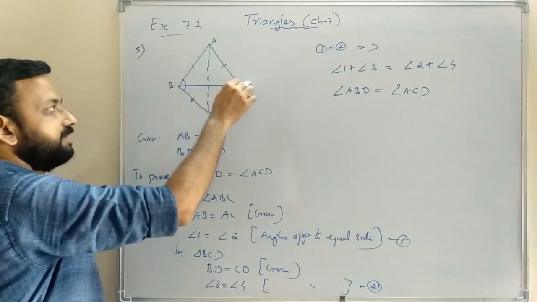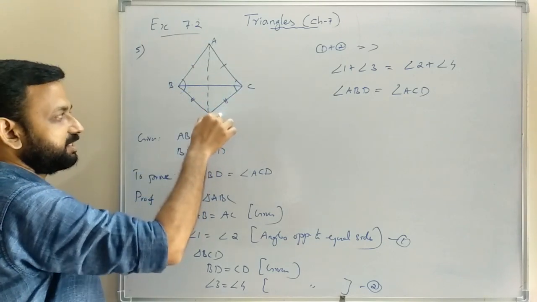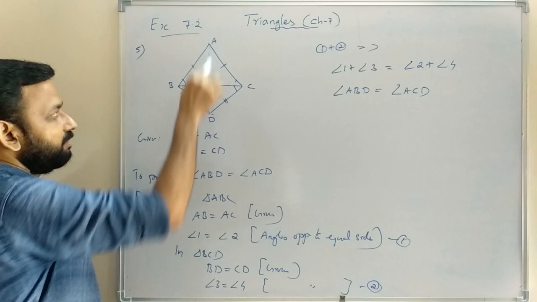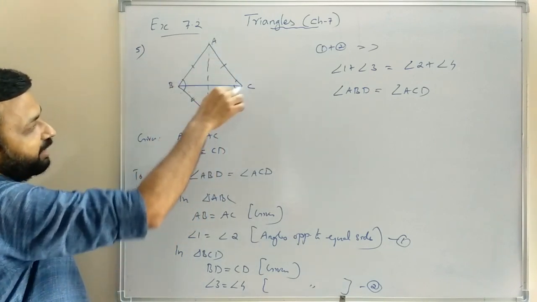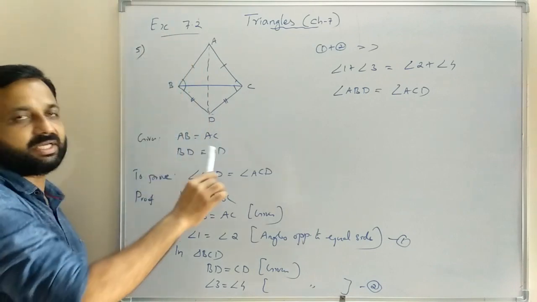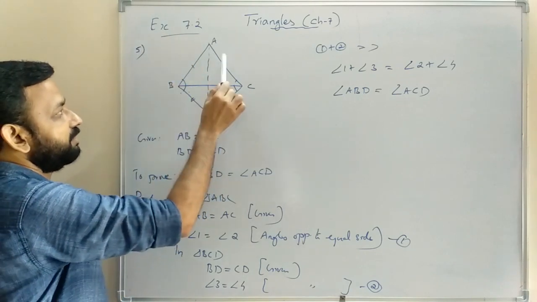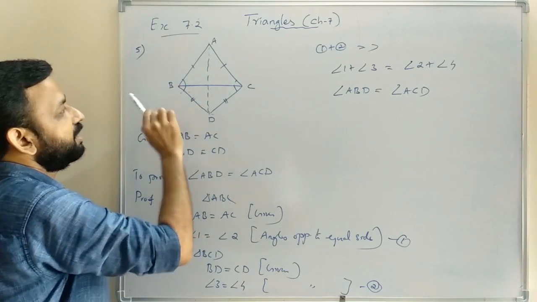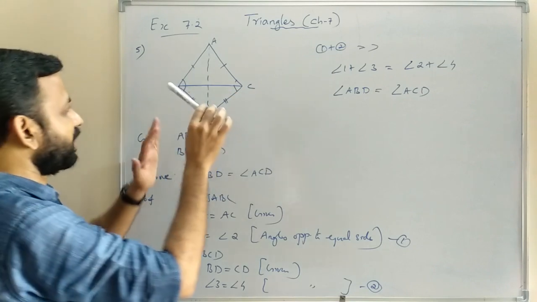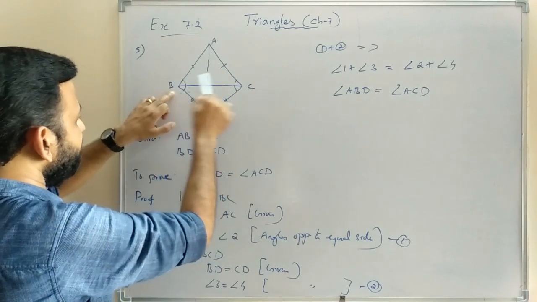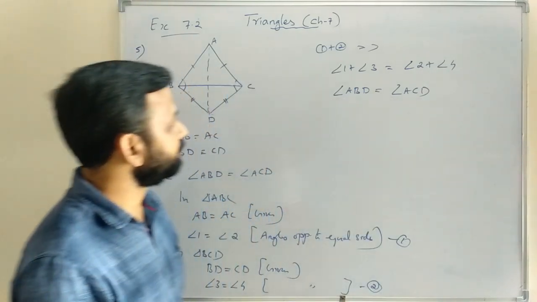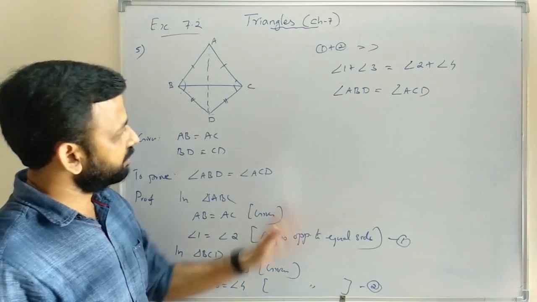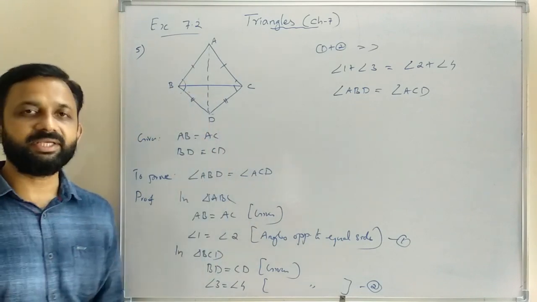AB equals AC given, BD equals DC, that is given, AD equals AD common. So triangle ABD is congruent to triangle ACD by the SSS theorem. Side, side, side equal to side, side, side. So if the two triangles are congruent, then angle ABD equals angle ACD. So like that also we can do that question. Then we will get both the angles equal.